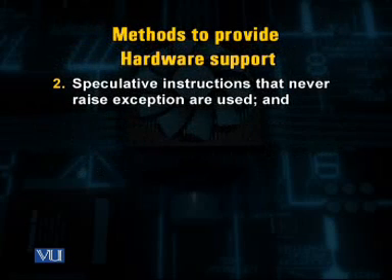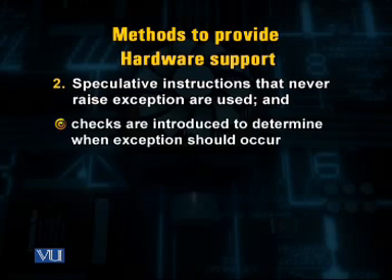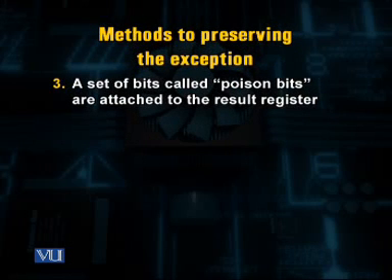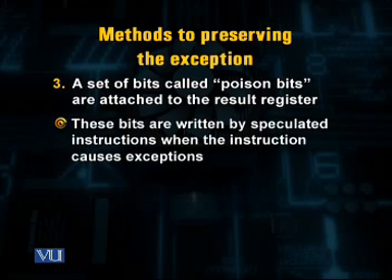Similarly, the second approach is to introduce checks to determine when the exception should occur. Whereas the third method is that a set of bits called poison bits are attached to the result registers. These bits are written by the speculated instructions when the instruction causes exceptions.